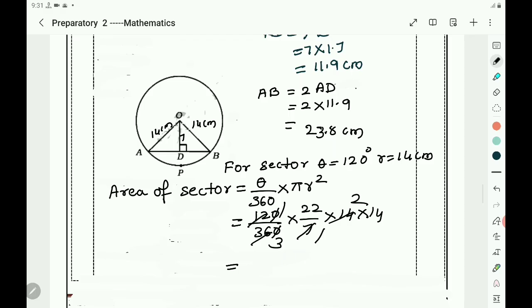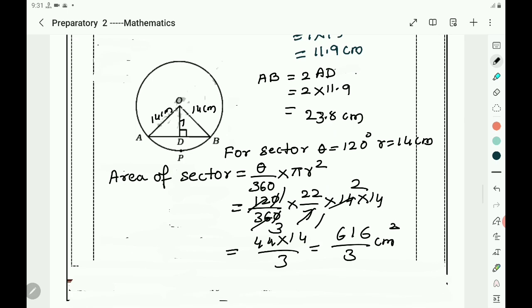Then 22 twos are 44. 44 into 14 by 3: 14 fours are 56, 5 carry. 14 fours are 56 plus 5, 616 by 3 cm square. That is the area of the sector.